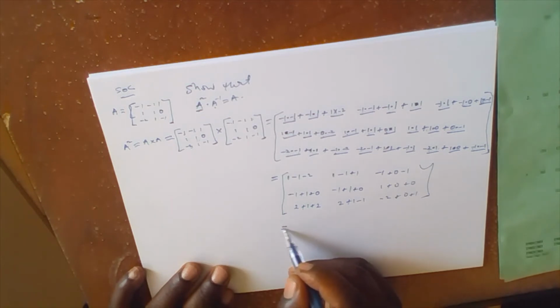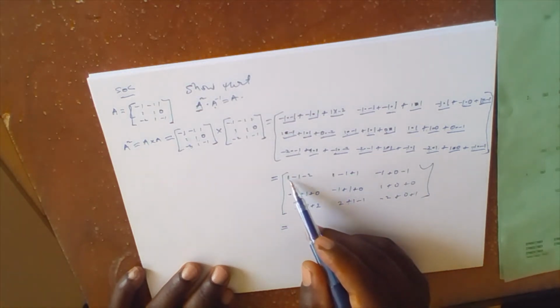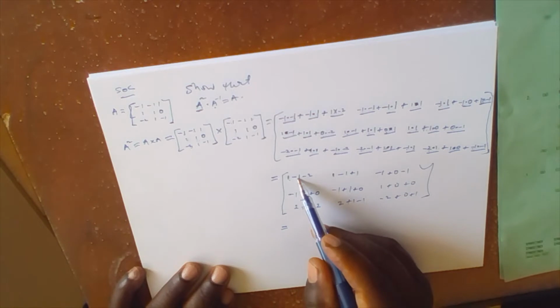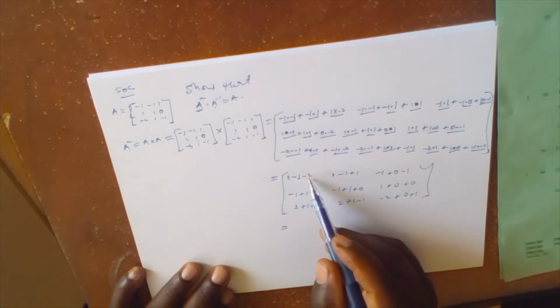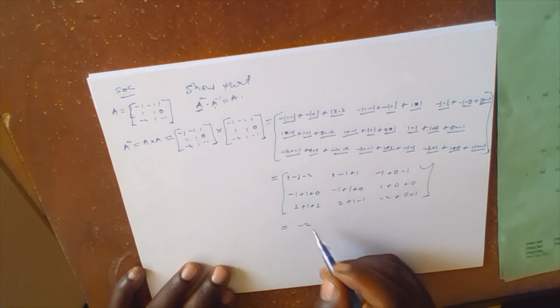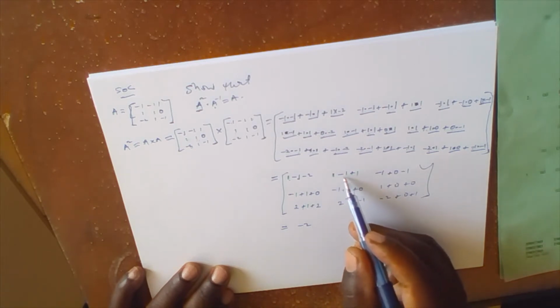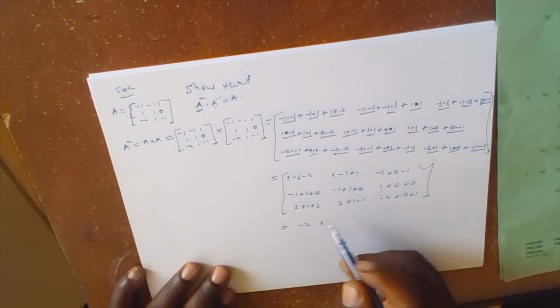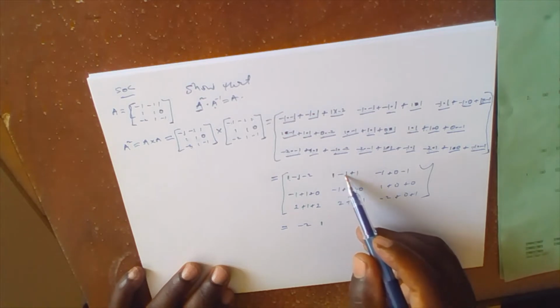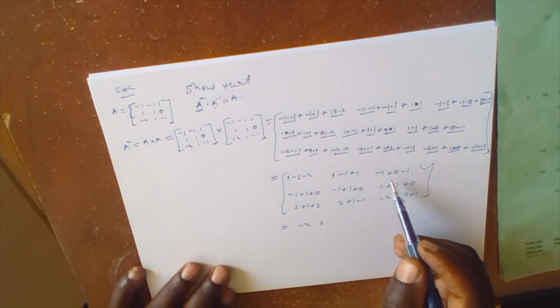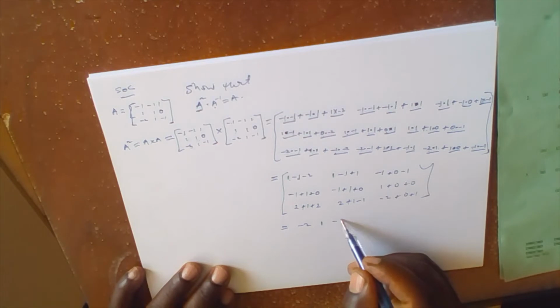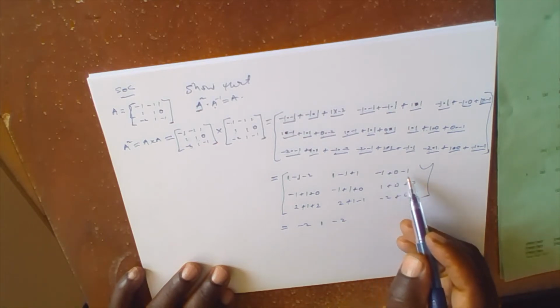So this equals to, now we have 1 minus 1 minus 2. So here we remain with negative 2. Here we have 1. Because we have 1 minus 1 plus 1, we remain with 1. Here we remain with negative 2.